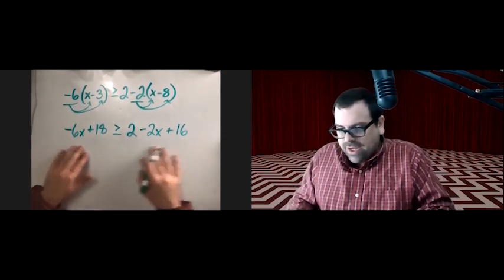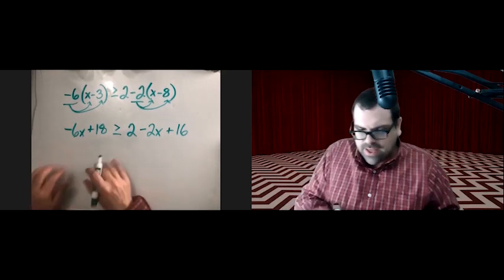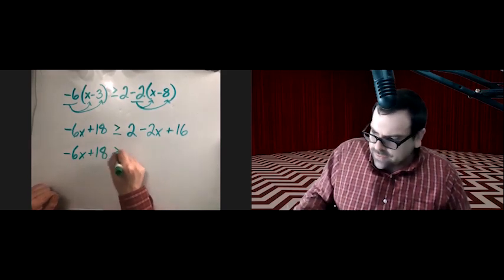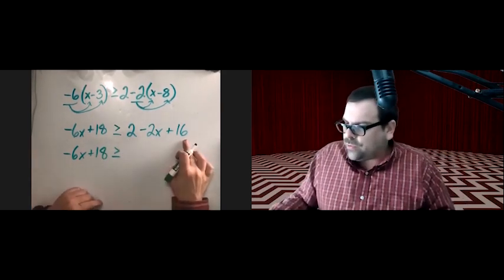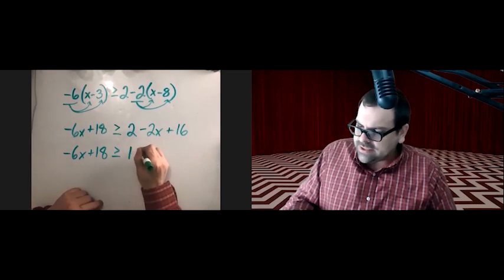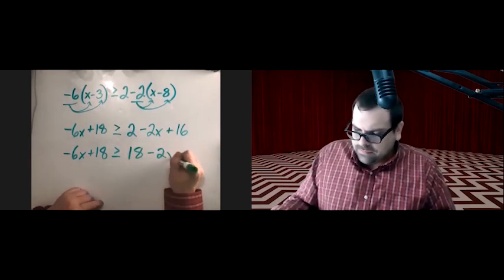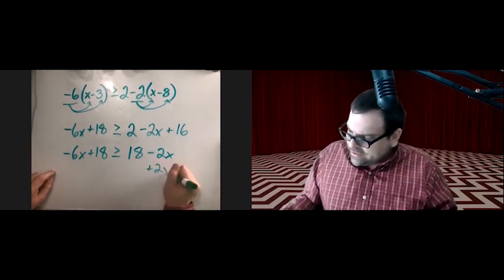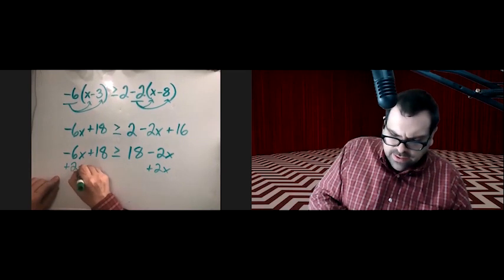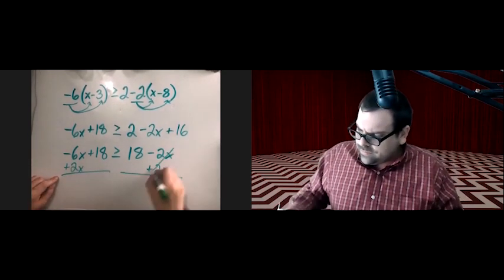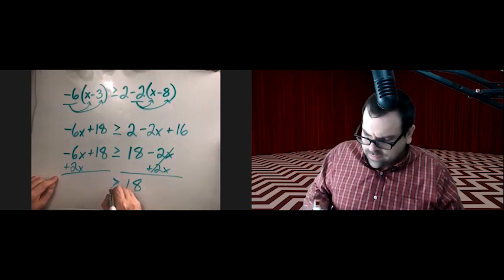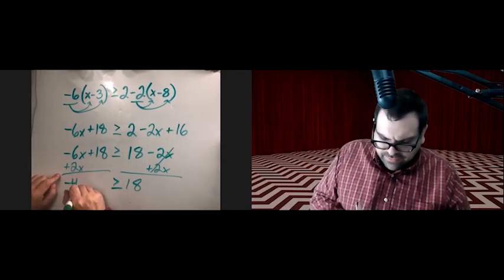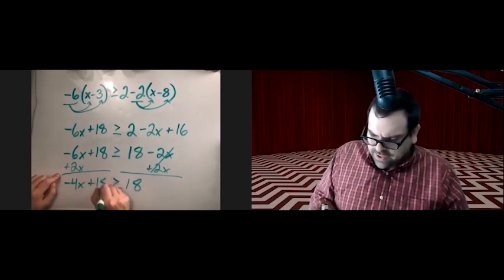Simplify by combining like terms on both sides. Nothing to combine on the left. On the right, +2 plus 16 is positive 18 minus 2x. I'm going to go ahead and add the 2x to both sides. -6x plus 2x is -4x plus 18.